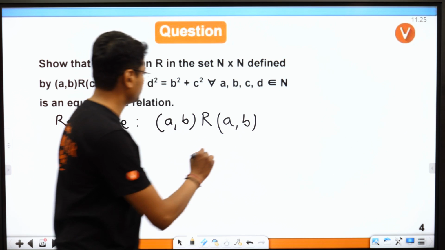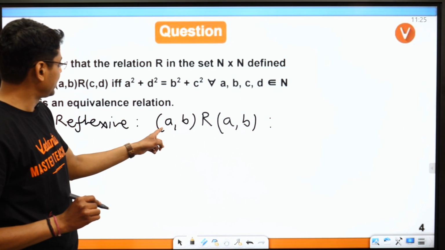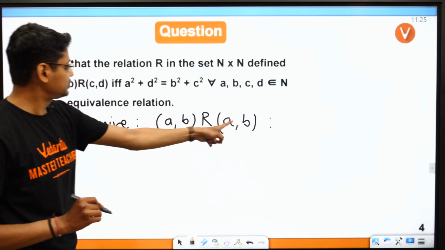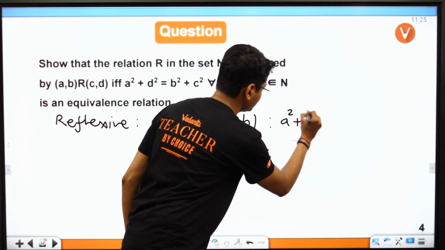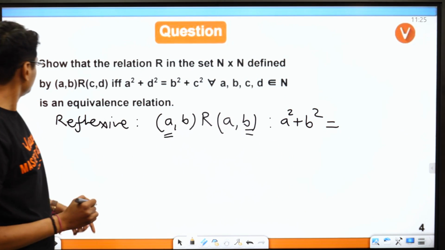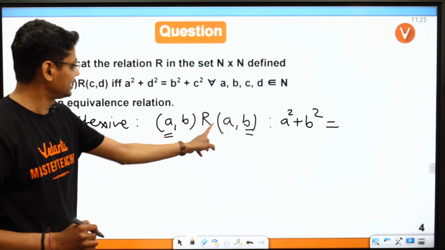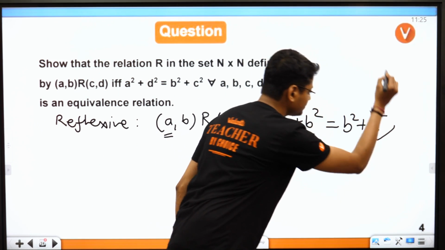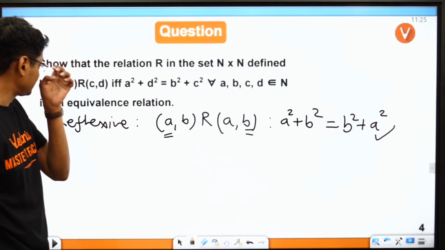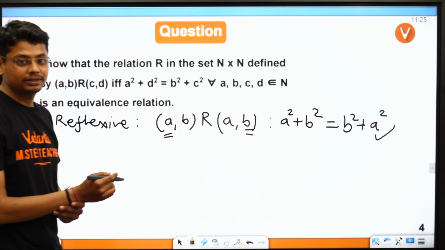So this would be what? a² + b² equal to b² + a². So this holds. So hence my relation is reflexive.